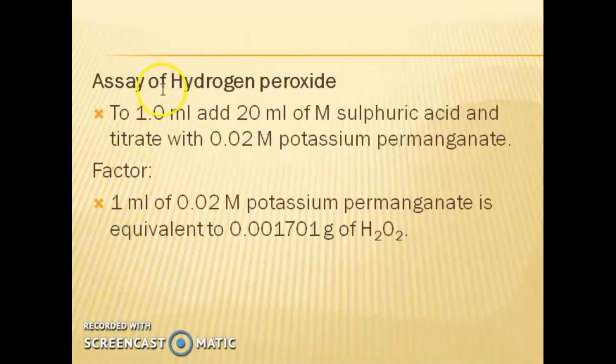So we will see the procedure for the assay of hydrogen peroxide. To 1 ml of sample add 20 ml of 1 molar sulfuric acid and titrate with 0.02 molar potassium permanganate. The factor for the calculation is that 1 ml of 0.02 molar potassium permanganate is equivalent to 0.01701 gram of hydrogen peroxide.